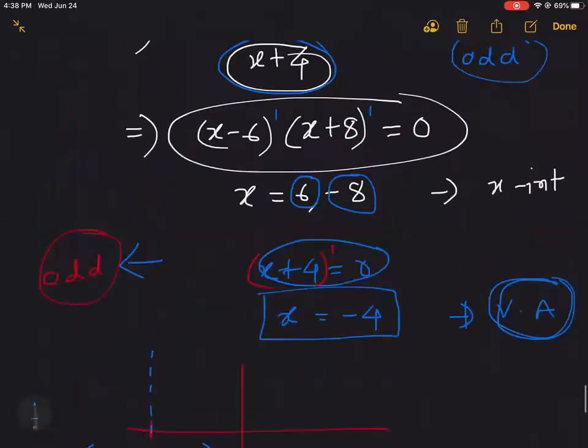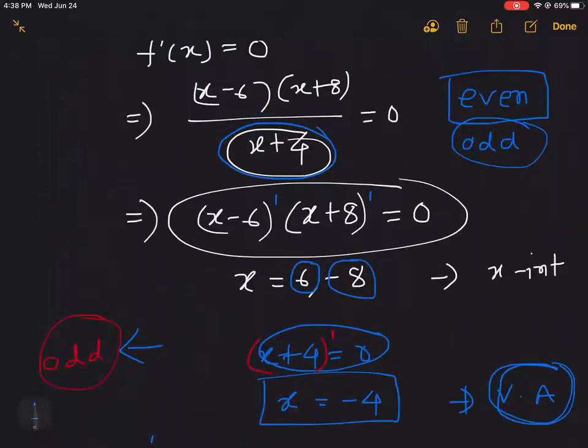So where is that? Where is the main function? Oh, here it is. So by eyeballing, can you see anything? Can you see any horizontal asymptote you can find out from this?